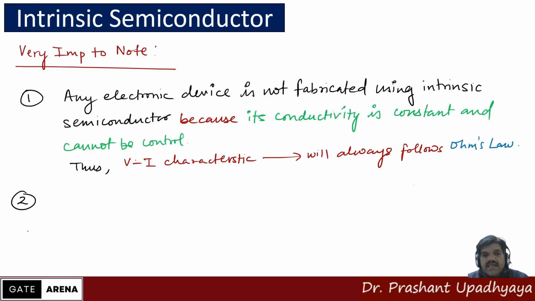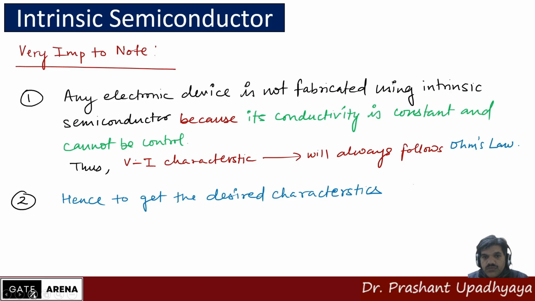When we are talking about the applications of an electron device, we require a characteristic which we can control according to our requirement. So we want to get the desired characteristics. Hence, to get the desired characteristics, we are going for the extrinsic semiconductor.